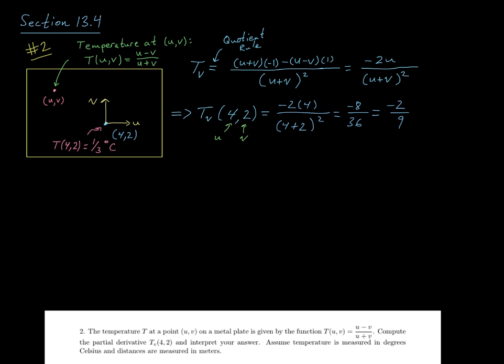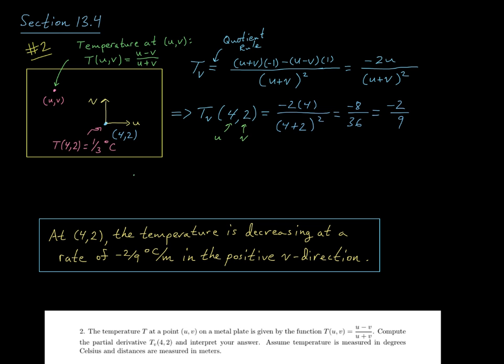So putting that all together, at the point (4, 2), the temperature is decreasing at a rate of negative 2/9 degrees Celsius per meter, because temperature is measured in Celsius and distances are measured in meters. And that rate is happening if I move in the positive v direction. So if I move, say, vertically up, I'm going to be cooling down, at least in an instantaneous sense, at that point. Okay, so great, that's going to do it for this problem.